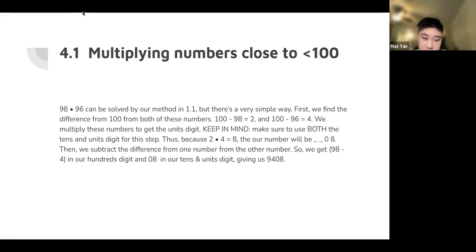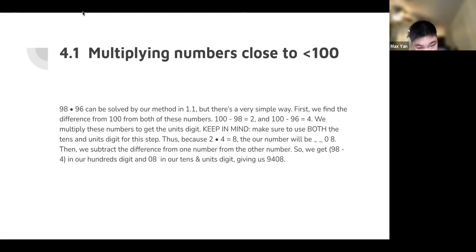And now we multiply these numbers to get the last two digits. Remember to use both the tens and units digit for this step. So 2 times 4 is 8. And you know that the number will end in 08.